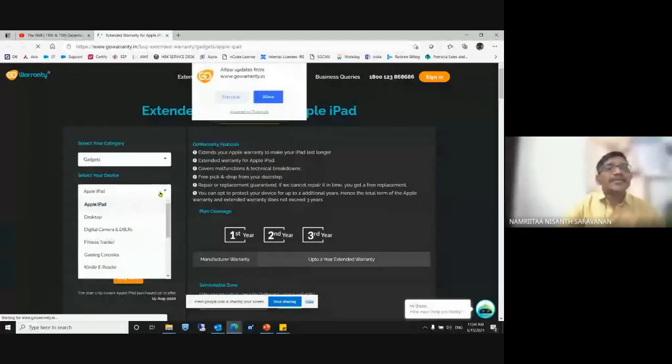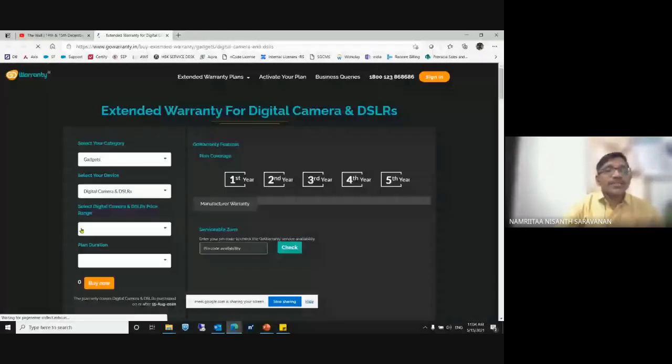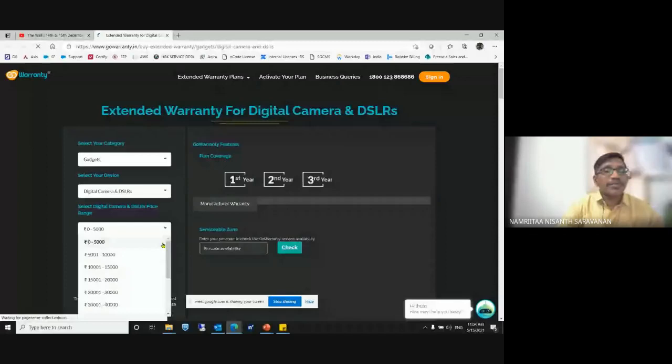If I say how much is the cost of the camera, say it cost me somewhere around 1.2 lakhs. So it tells me the premium for that 1.2 lakh camera. What is that? Extended warranty.